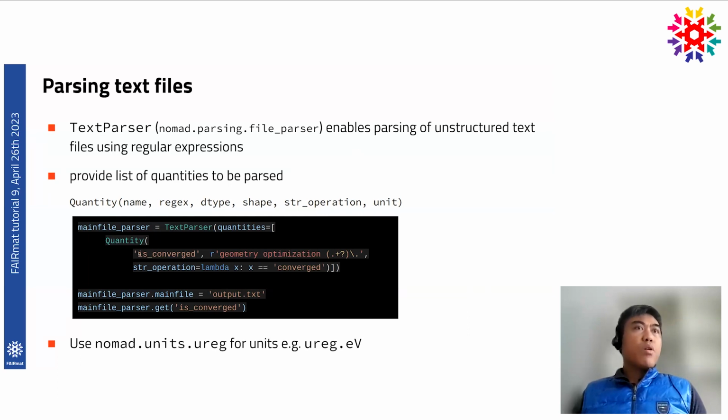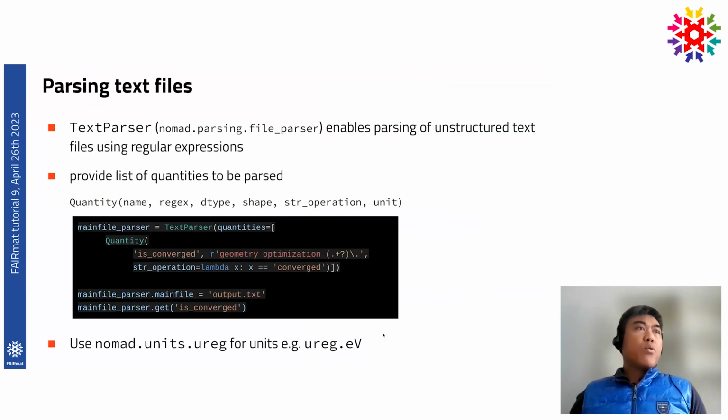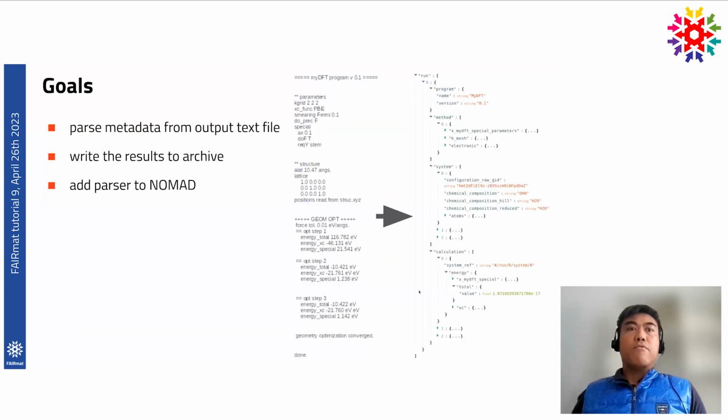For example, we want to parse this part of the output, whether the geometry optimization converged or not. So we define our text parser and provide a quantity called isConverged, and the regular expression is geometry optimization, and then we capture whatever comes after this and before a dot. We see it here.